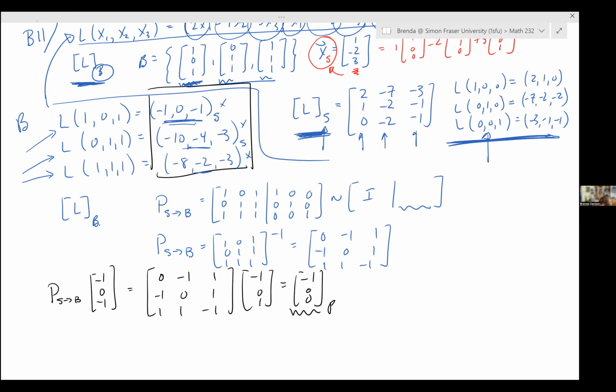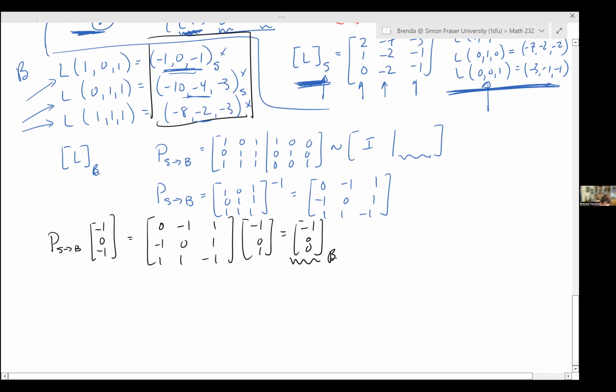So this right here is relative to B, and this is what happens to the first basis vector under the linear transformation, with the coordinates represented relative to the basis B. That is the first column of the matrix that we are looking for. We are looking for this matrix, and that now is our first column.